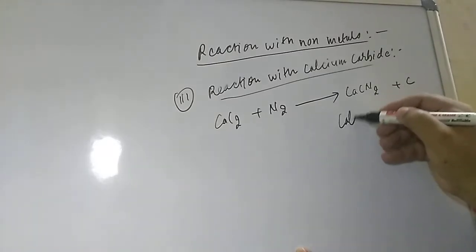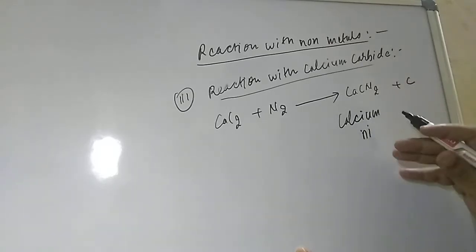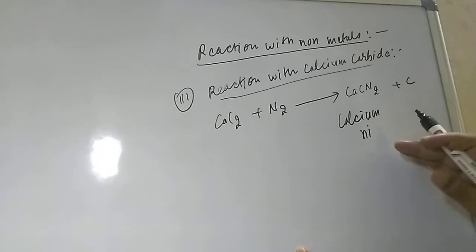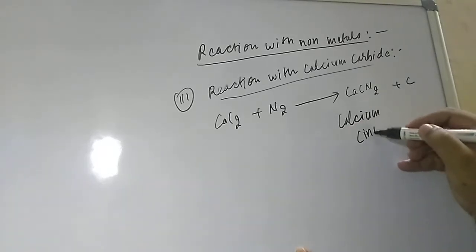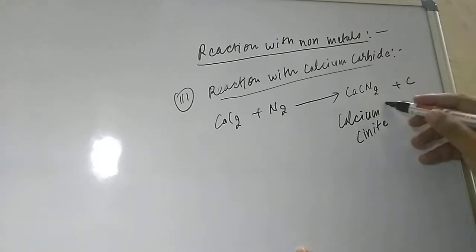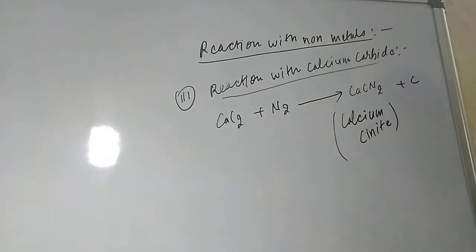When calcium carbide is treated with dinitrogen, it gives calcium cyanamide.